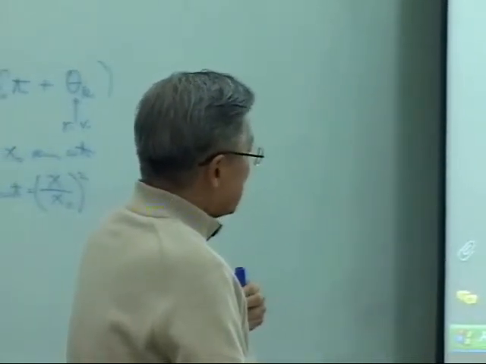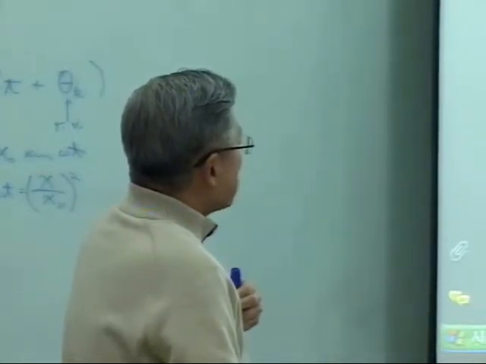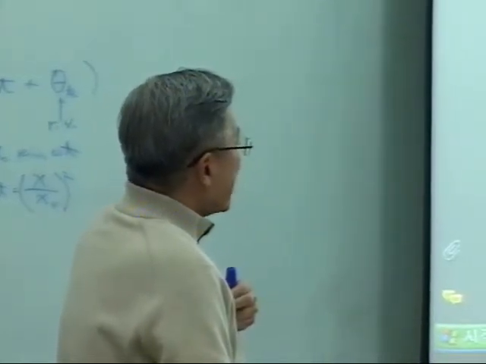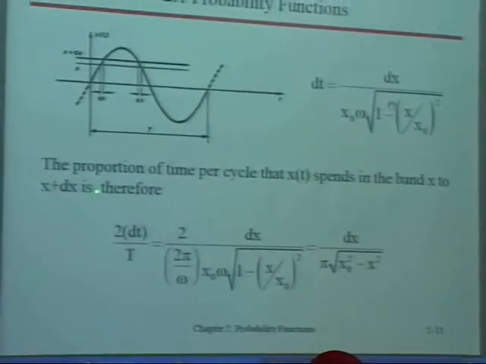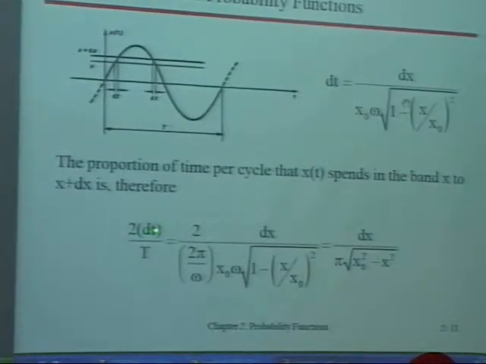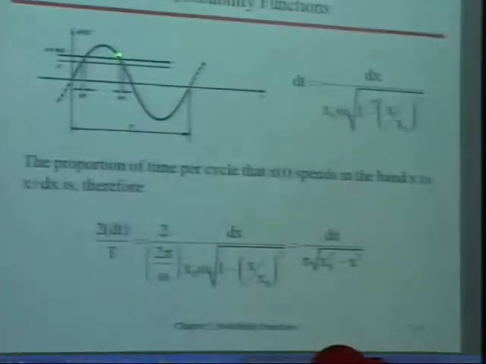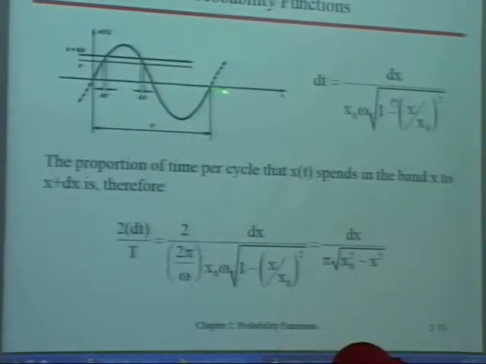So I wrote like this. The proportion of time per cycle that x spends in the band x to x plus dx is 2 times dt over T. One complete cycle is from here all the way down to here and all the way up to here.